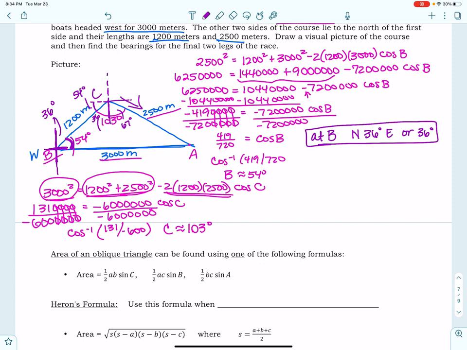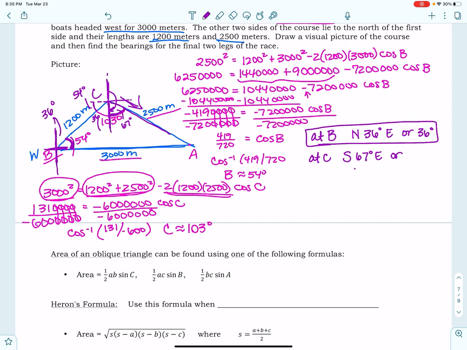So from C going to A, that bearing is going to be along this blue line right here. If we use a directional bearing, that means at C going to A is going to be south 67 degrees east. Or another way to think about it is starting north and going 90 degrees and then all the way through this right here.